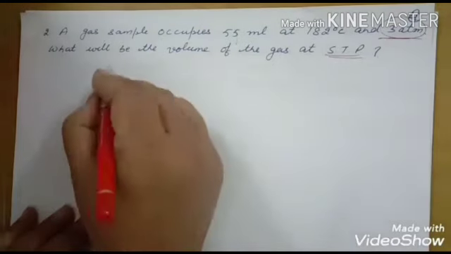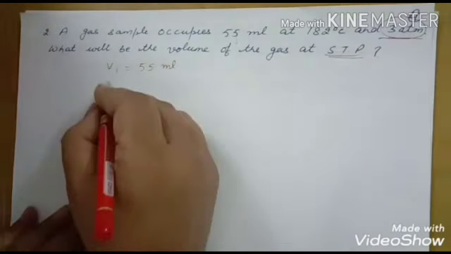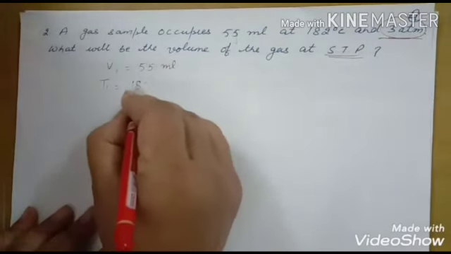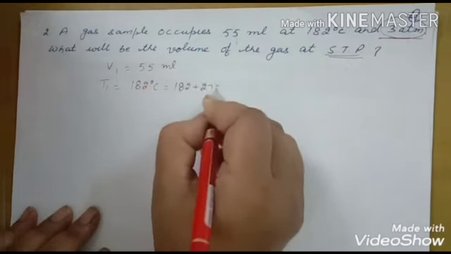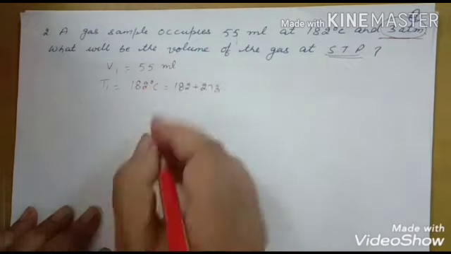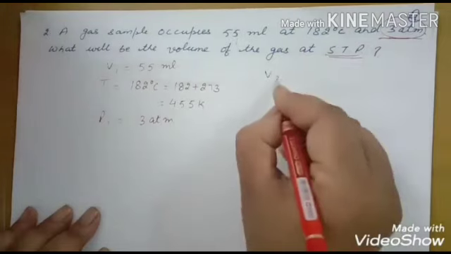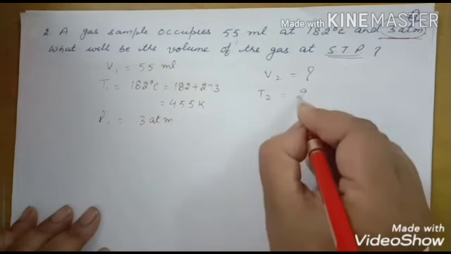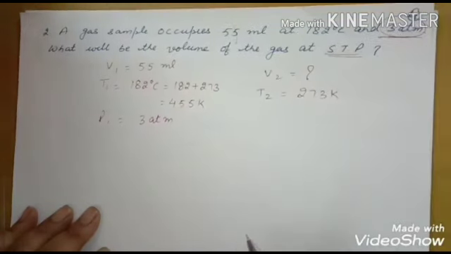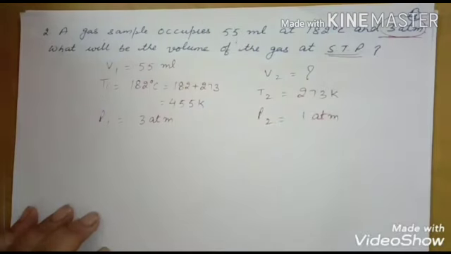So let V1 be 55 ml and T1 is 182 degrees Celsius, or you can say 182 plus 273 is equal to 455 Kelvin. We have P1 as 3 atmosphere. We have to find the volume at STP. So T2 is 273 Kelvin standard value and P2 is 1 atmosphere standard value.